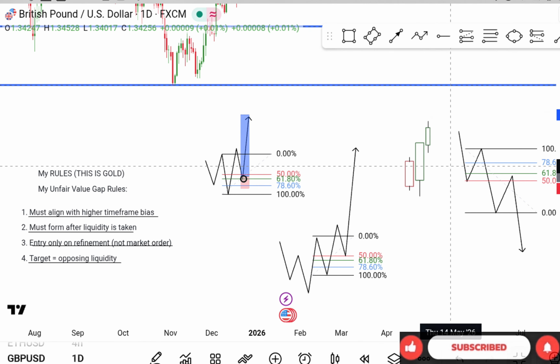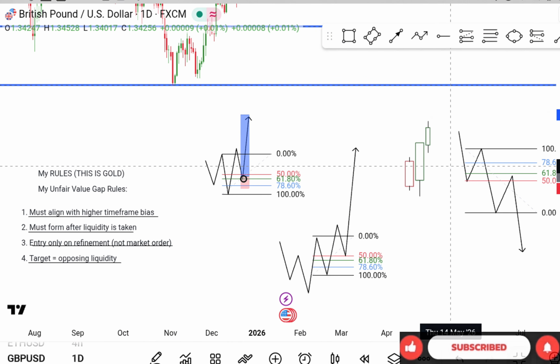Sometimes you get confused, not knowing which fair value candle you will choose, and the right one that will be aligned with your market structure. So now I'll tell you how you will know the right one, and how you will identify the wrong one while trading fair value gaps.